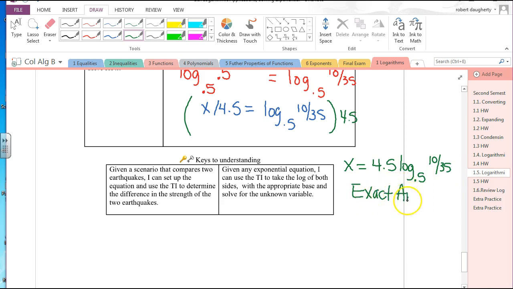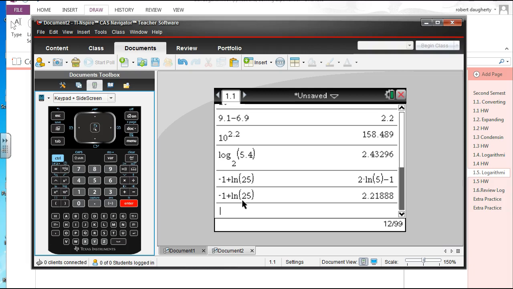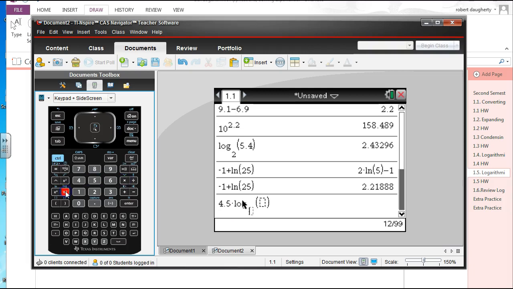This is probably as ugly as these get. We follow the same process of what we've been doing. How do I get my approximation? Use the calculator. So I need to find out what is 4.5 times, the log key is this control log.